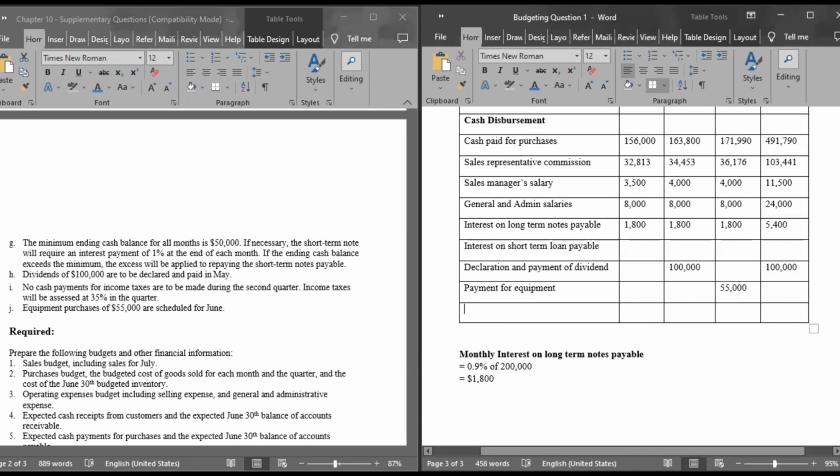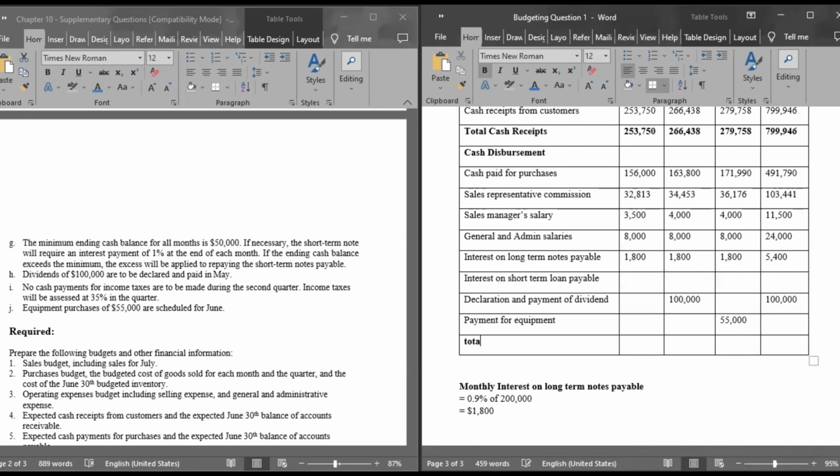Now we need to calculate the total cash disbursement. So just make the total of all these columns.